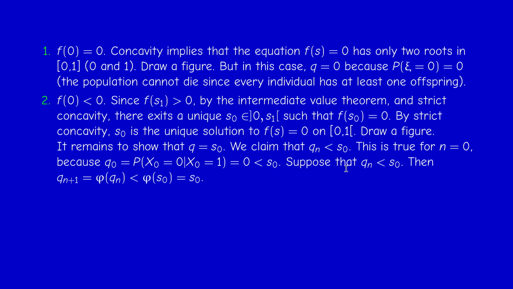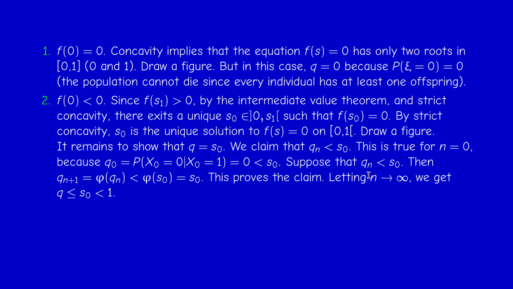And by induction, if Qn is less than S0, then Qn plus 1 is phi of Qn, which is strictly less than phi of S0, which is S0, right? Because f of S0 is 0, so S0 minus phi of S0 is 0. So it's a fixed point. So this proves the claim.